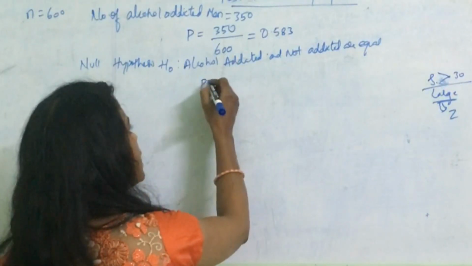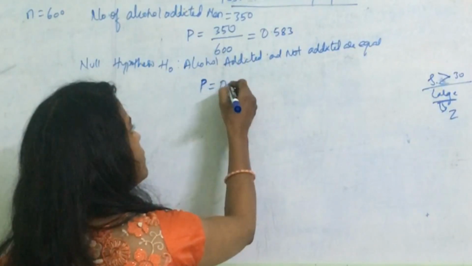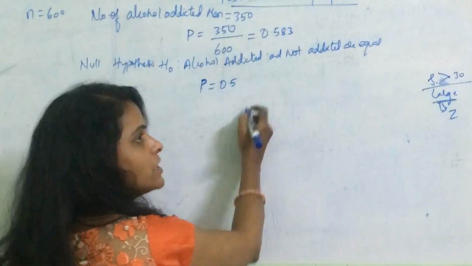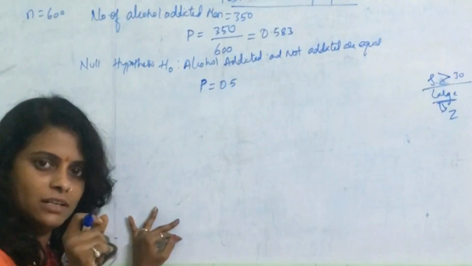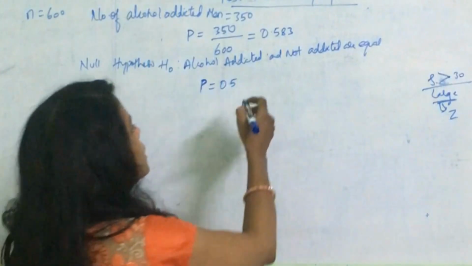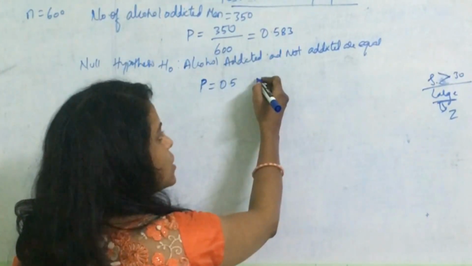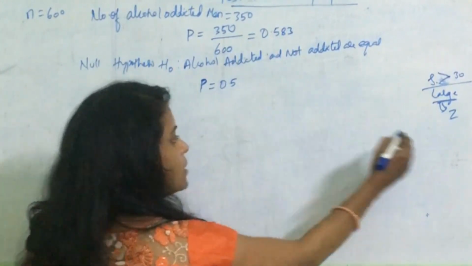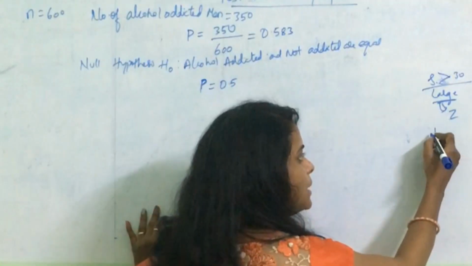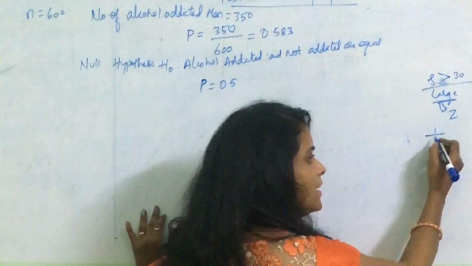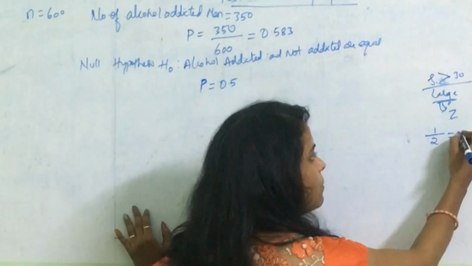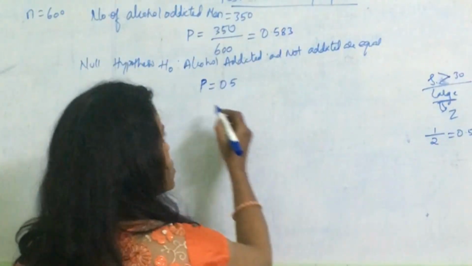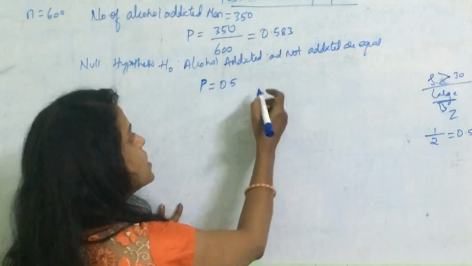So the probability value P we will consider as 0.5, because we said that both are equal. Okay, so it is considered to be 0.5, because you can calculate here, that is people who are alcohol addicted by total addicted and not addicted people, so 1 by 2, that is 0.5. So that is the reason we are taking P as 0.5.